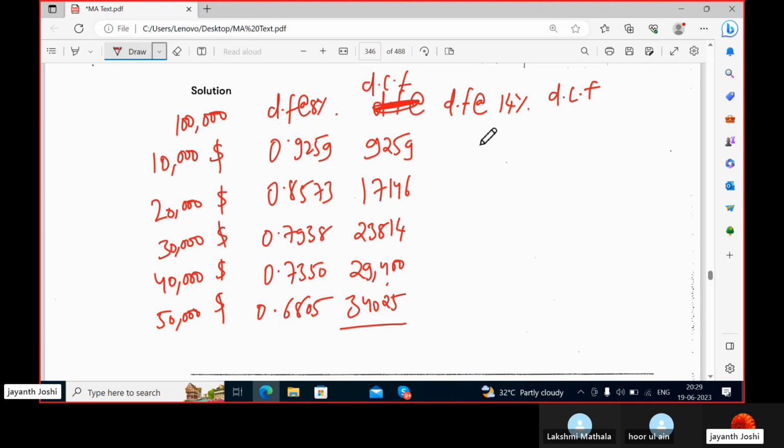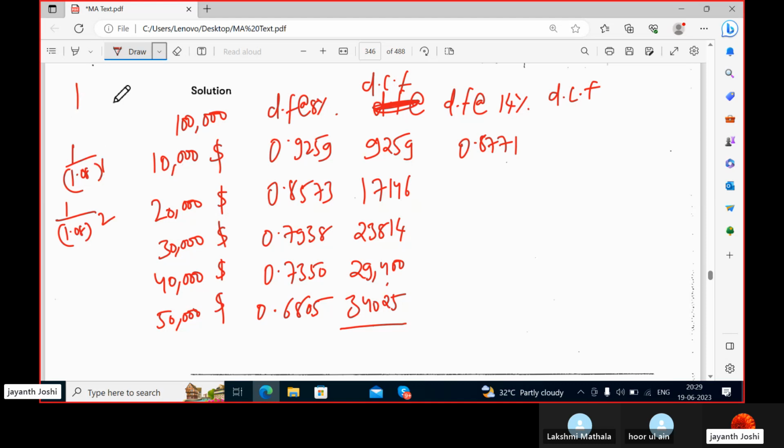Now we'll take discount factor at the rate of 14%. The cash flows won't change. So how am I getting this? I'll write once again, 1 by 1.08 whole power 1 will give me the first year discount factor. 1 by 1.08 whole square will give me the second year.